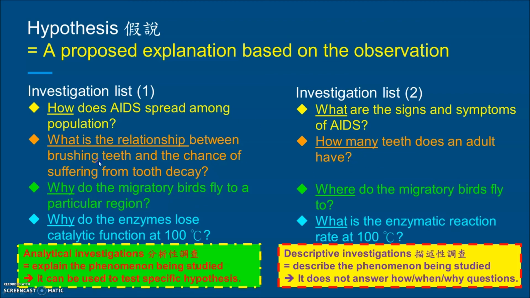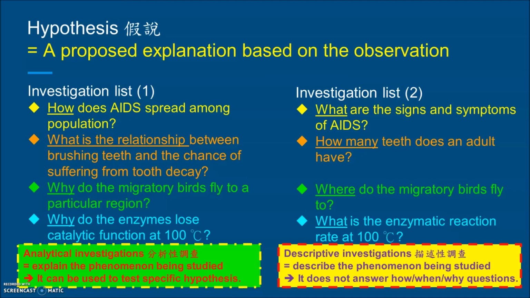But on the left hand side, for this investigation, we can make some hypotheses. For example, the relationship between brushing teeth and the chance of suffering from tooth decay. Some people may propose that there is no relationship between them. No matter whether you brush your teeth or not, you will or will not suffer from tooth decay.